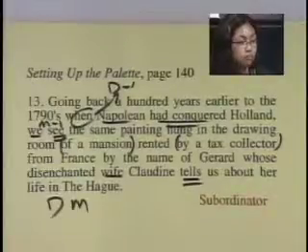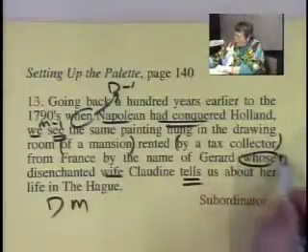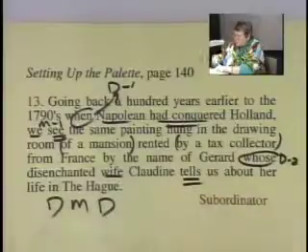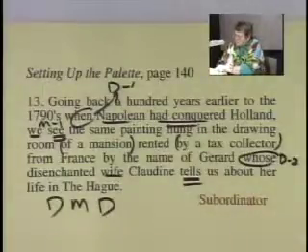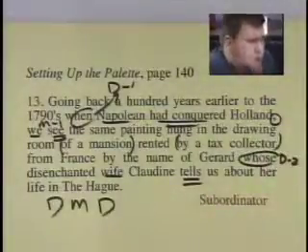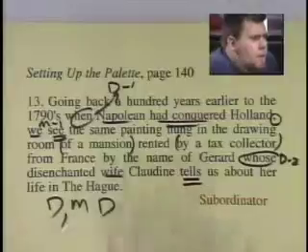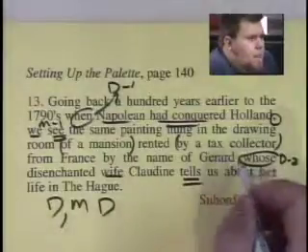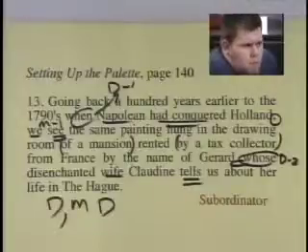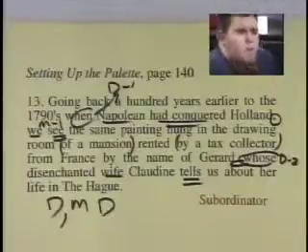Whose. Sure, we haven't seen that before, but that's it, after Gerard, functioning as a dependent clause. So, big picture, Ben, how many main clauses do we have? One. And how many dependent? Two. What kind of a sentence? Complex. I wonder why there's a comma after Holland. Because the main clause comes after the dependent. Right, and there's no punctuation between Gerard and whose because the dependent clause is where?